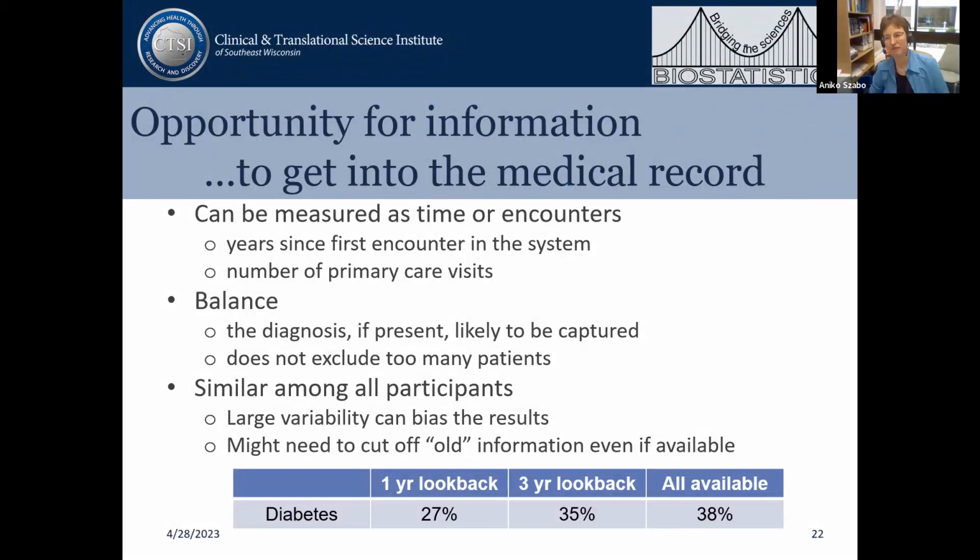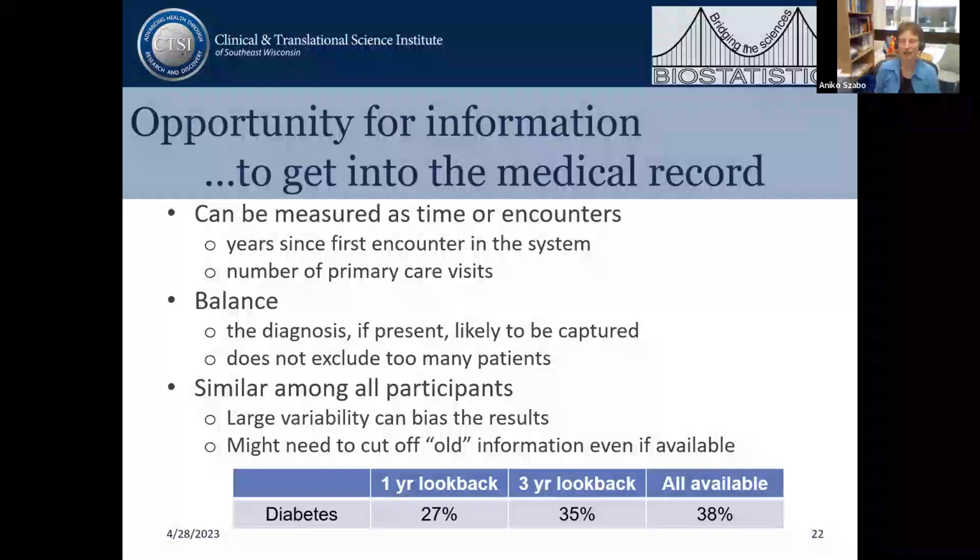You can think about it either in time, so that we want to make sure that the patient was at least 1 year in the system before our start date, or by number of visits. And actually for comorbidities, it's been suggested that primary care visits are a good thing, because that's when you get this kind of information in the system. But it could be just at least any visits, right? If they didn't have a visit, there is not going to be a record of anything.